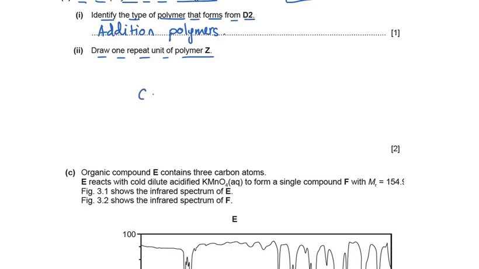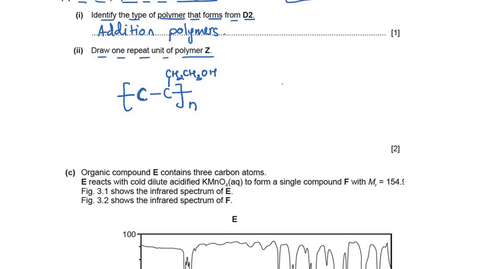So I'm drawing the first and second carbon atoms here, but then there were 2 more carbon atoms with an alcohol group, so I'll write CH2CH2OH. Why am I writing it on the top? Because the 2 carbons carrying the double bond will form the polymer, and that double bond will change into a single bond. So this is the polymer that will be formed.